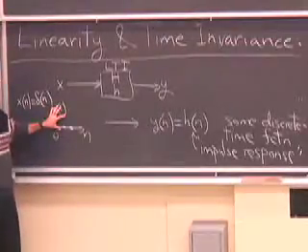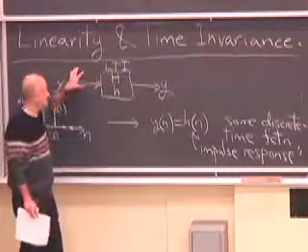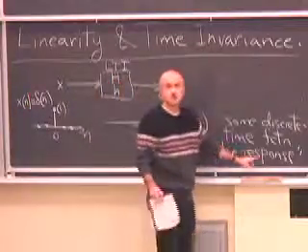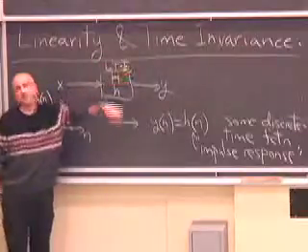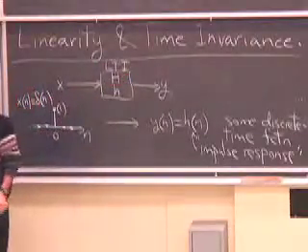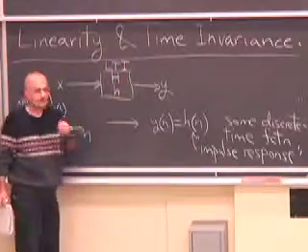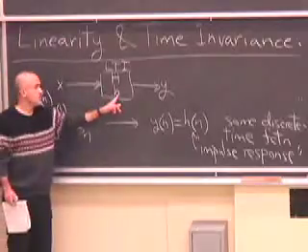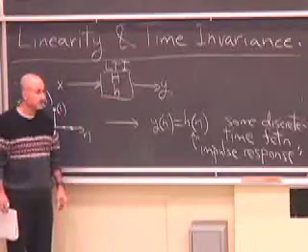For those general systems, we say the response is the response of the system to the impulse. But the phrase impulse response we reserve specifically for linear time invariant systems, systems that satisfy the superposition property and the shift invariance or time invariance property. So if I tell you that the impulse response of a system is small h, you automatically can assume that I'm talking about an LTI system.